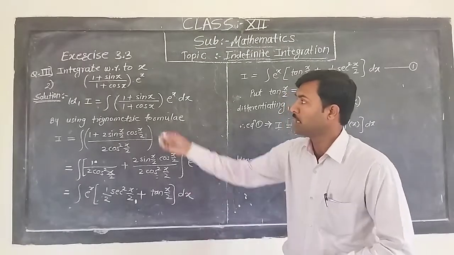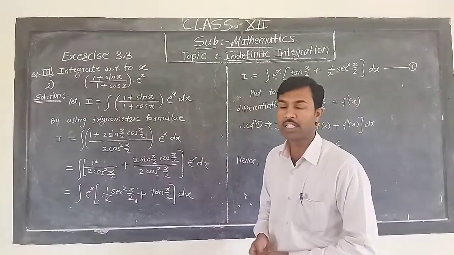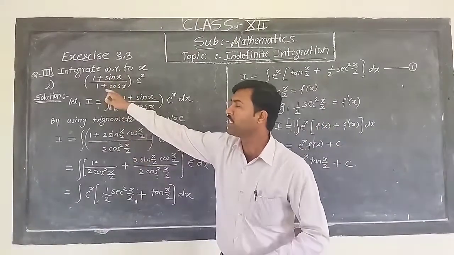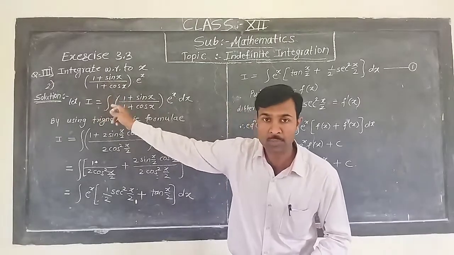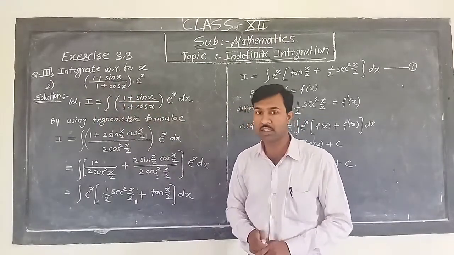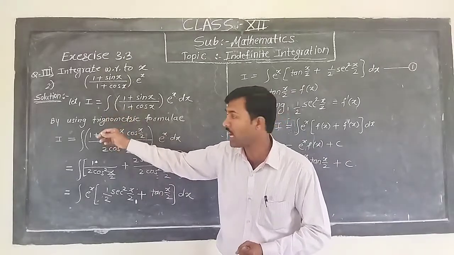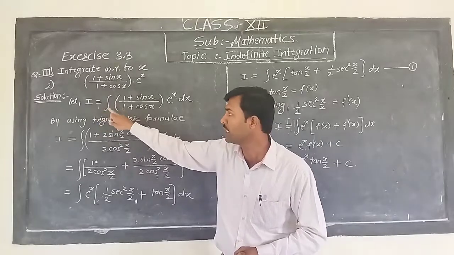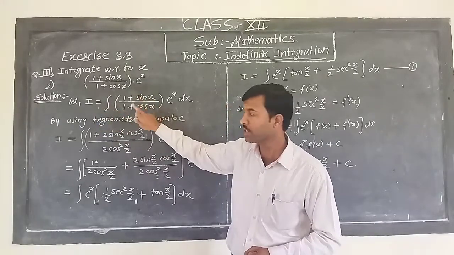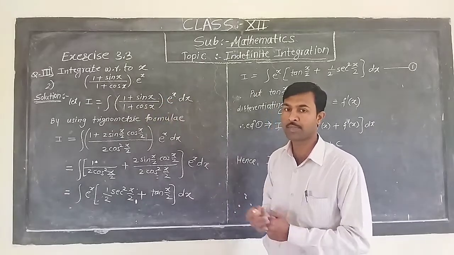Now here is problem second of question third from exercise 3.3. Here we have to integrate this function 1 plus sin x upon 1 plus cos x into e raised to x. I have observed that here is integration, so I denote this problem by letter I. Therefore I is equals to integration of 1 plus sin x upon 1 plus cos x into e raised to x into dx.